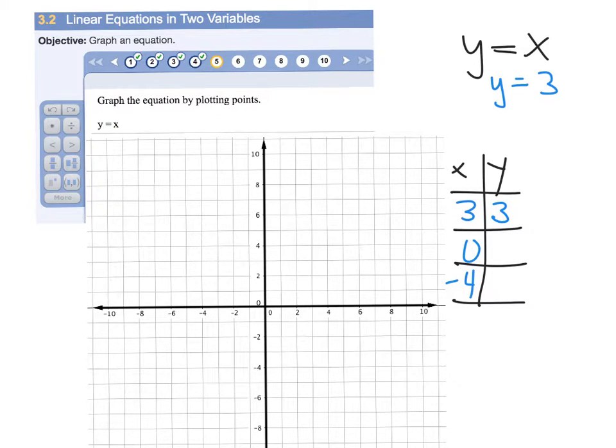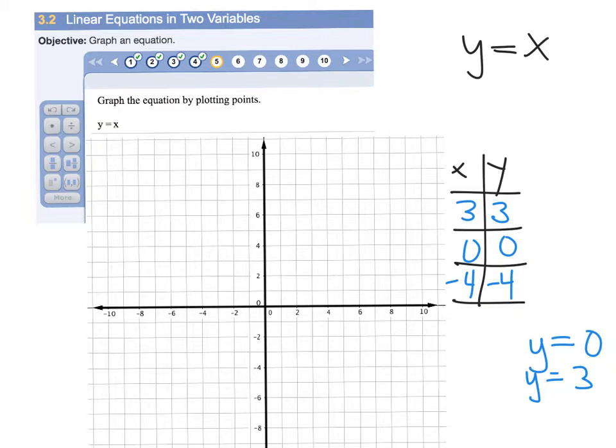And then now if x is equal to 0, that means y is equal to 0. So now we kind of get the pattern. We can already see the pattern that whatever x is, y is the same thing. And that's what this equation means. So that means we know that down here, y is equal to -4.